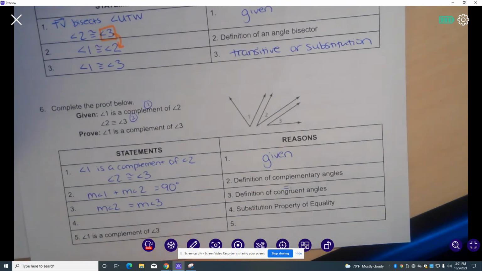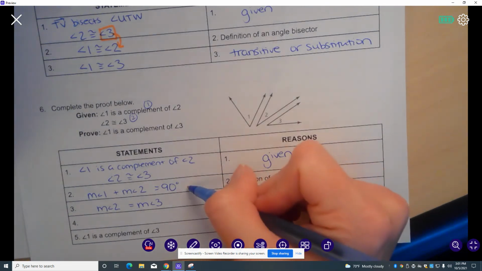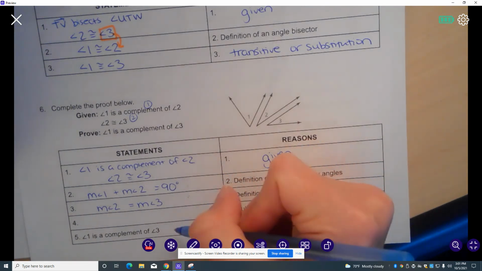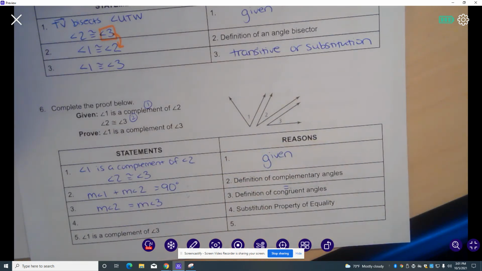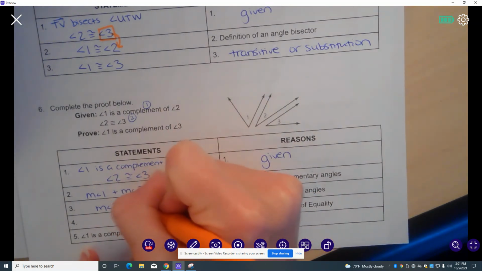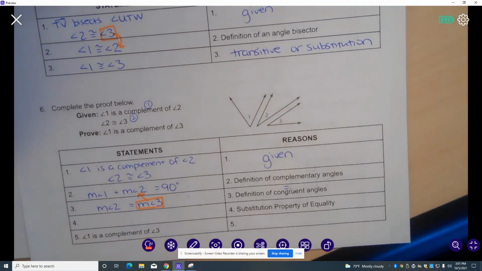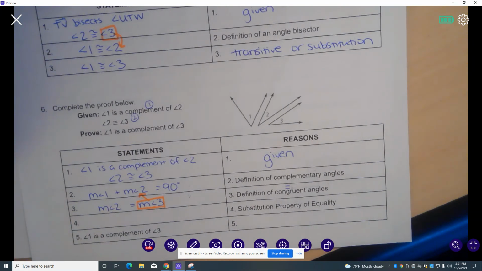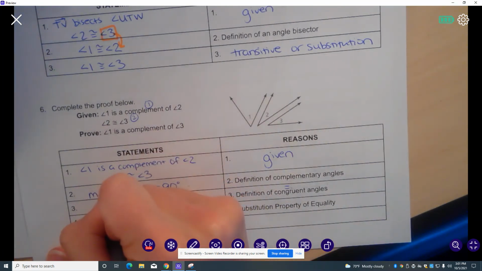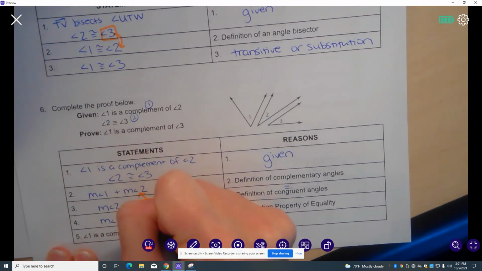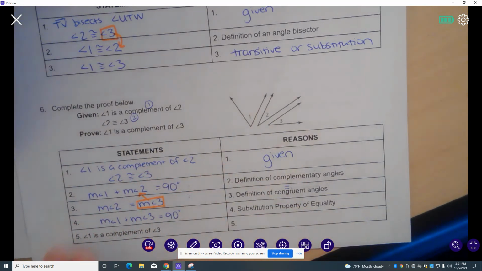So remember, I'm trying to show that angle 1 and angle 3 are complementary. I'm trying to show that they add to 90 degrees. So I want to use these two equations somehow to show that the measure of angle 1 plus the measure of angle 3 is also 90 degrees. Since the measure of angle 3 is equal to the measure of angle 2, I could substitute it in for the measure of angle 2 to show that the measure of angle 1 plus the measure of angle 3 must be equal to 90 degrees.